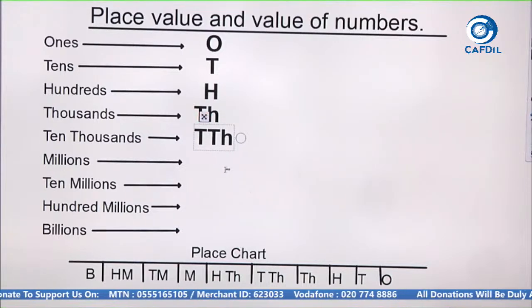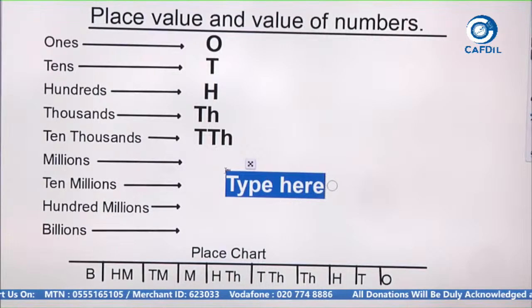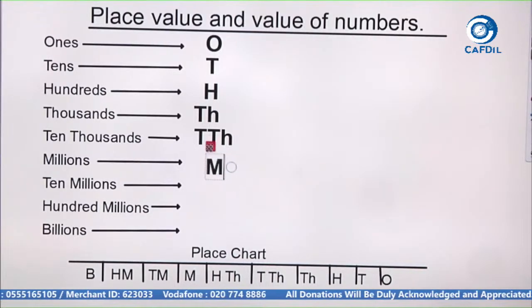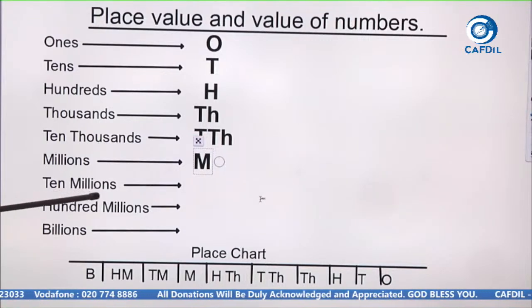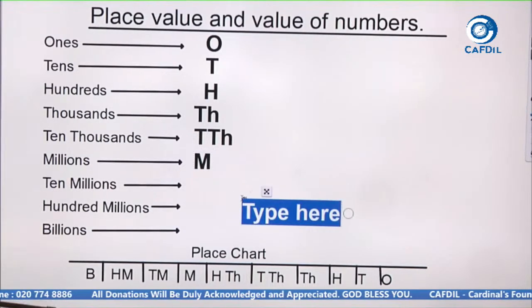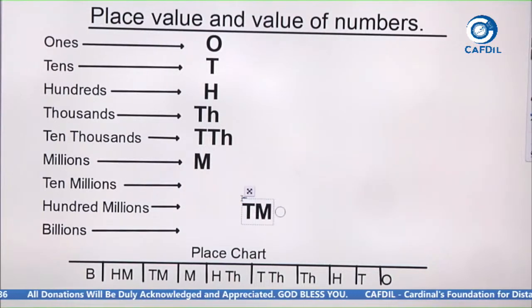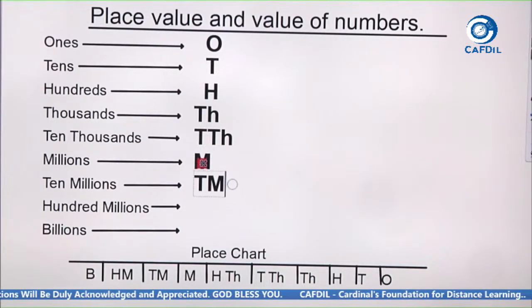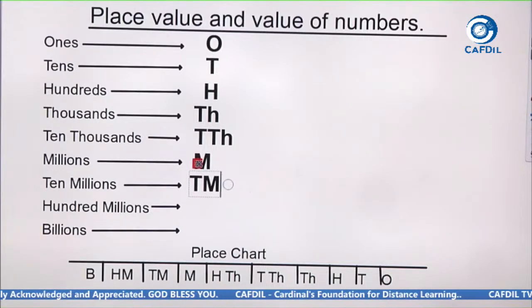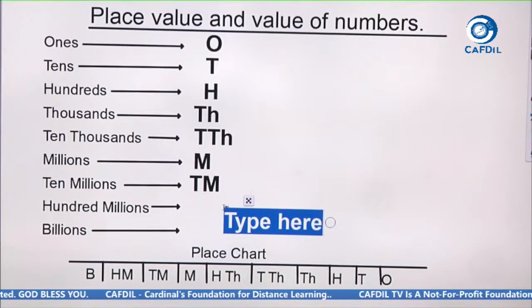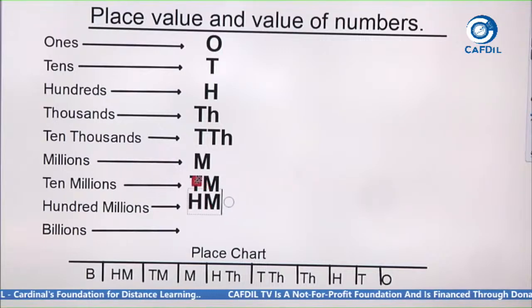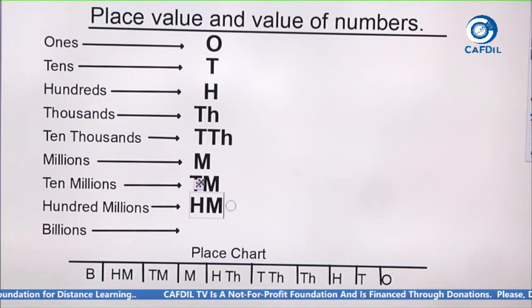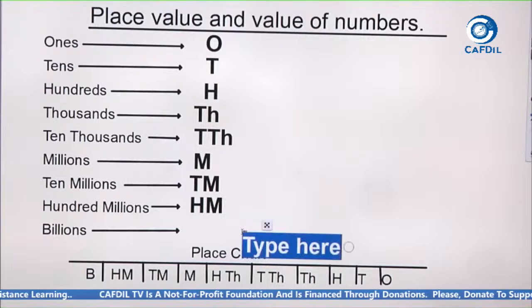Millions with letter M. 10 millions, TM. 100 millions, HM. And then the billions, capital letter B.